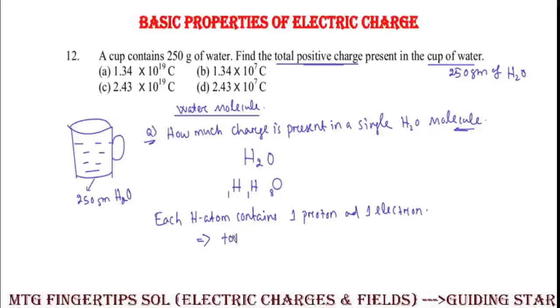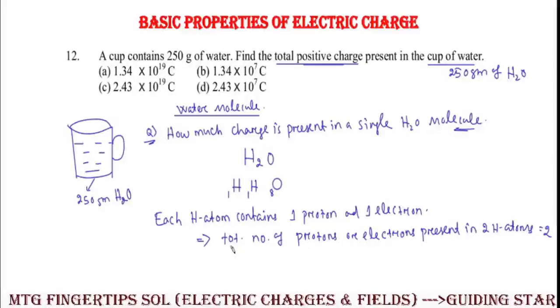Here we are only asked for the positive charge, not the negative charge. So the total number of protons present in 2 hydrogen atoms will be how much? 2.